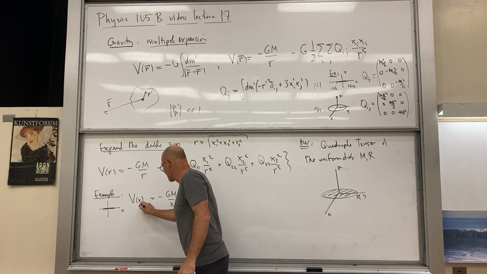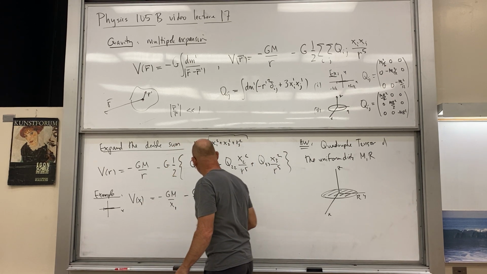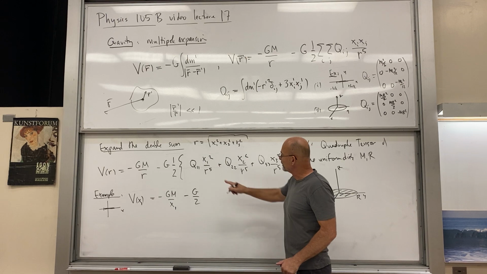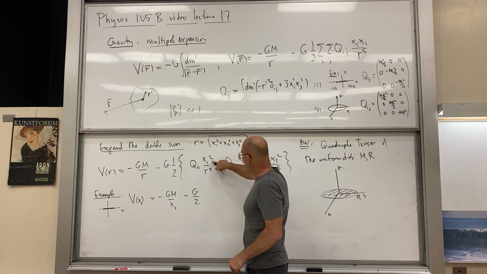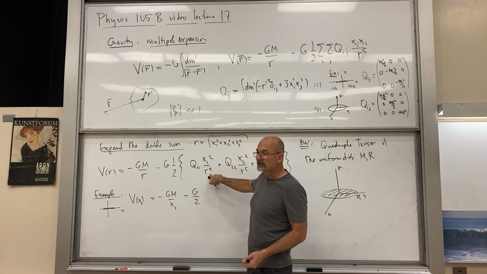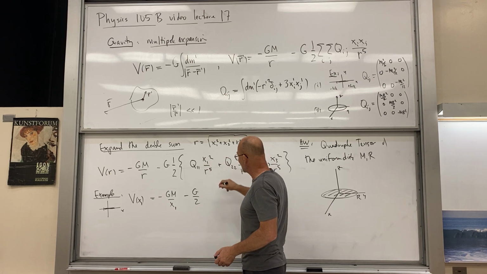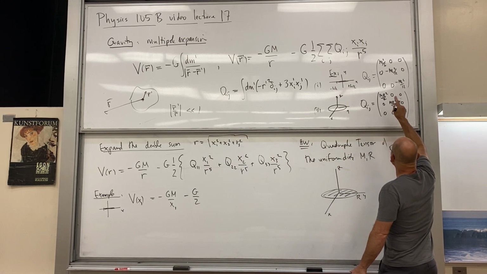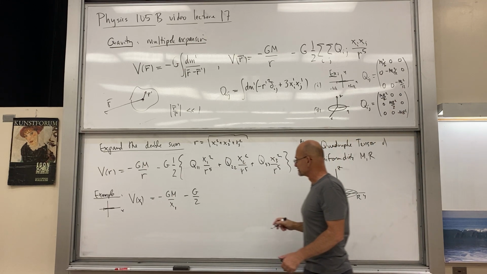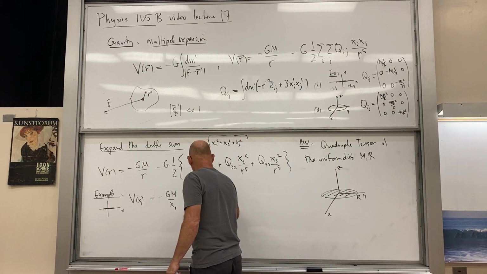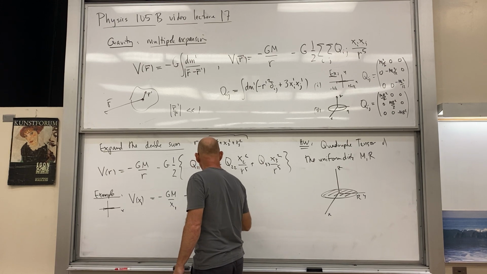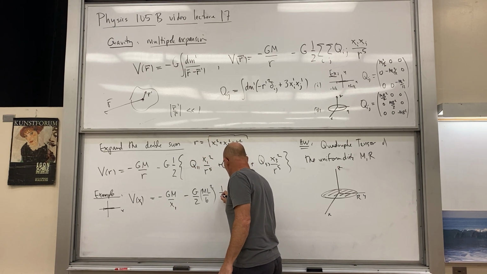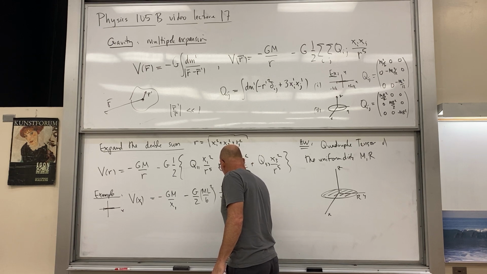I'll go ahead and write x1. So we'll have Q11 x1 squared over x1 to the 5th, since we're just along the x-axis. And Q11 is ML squared over 6. And then that leaves us with 1 over x to the 3rd.